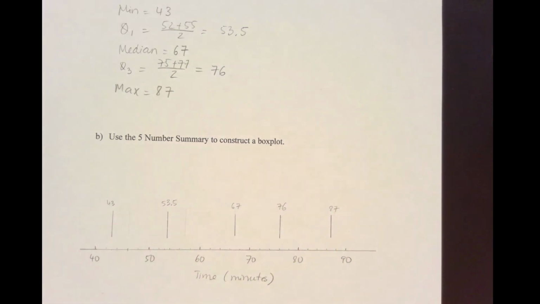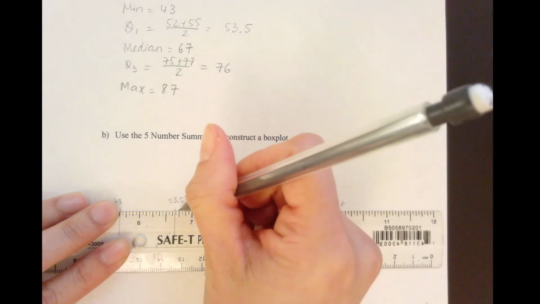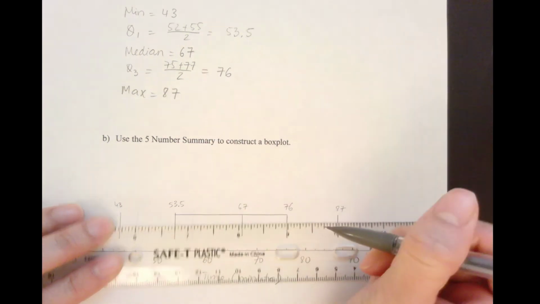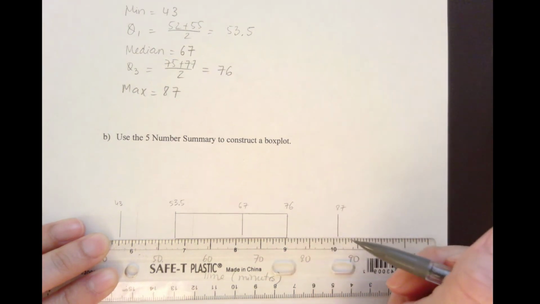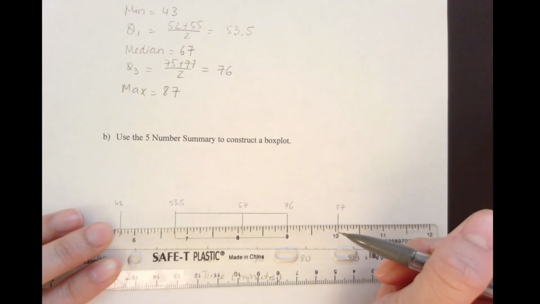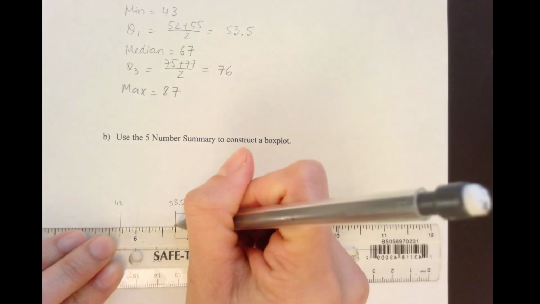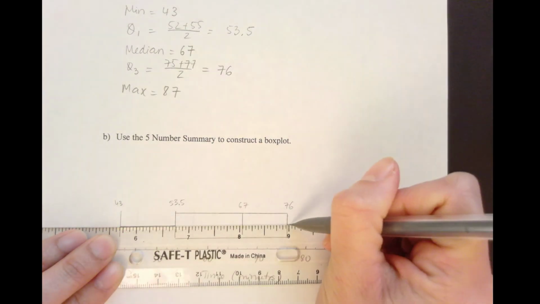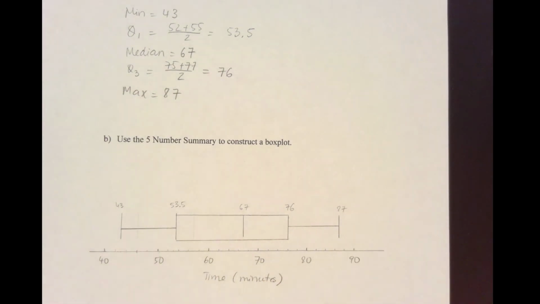So once you have the 5 vertical lines, you will use the 3 lines in the middle to create a box. And the other 2 vertical lines at the ends, you use them for whiskers. These are called whiskers. And there you have a box plot.